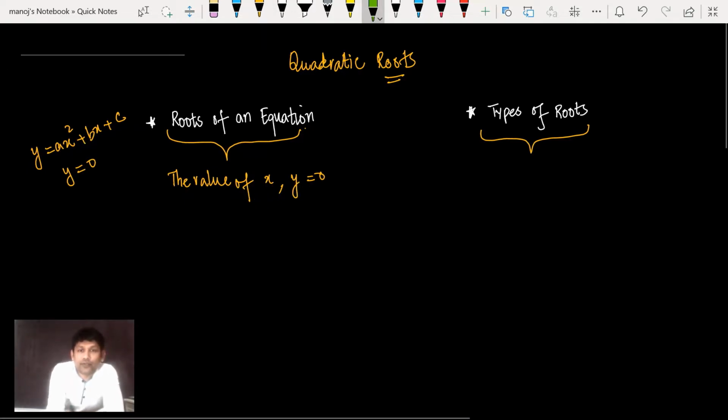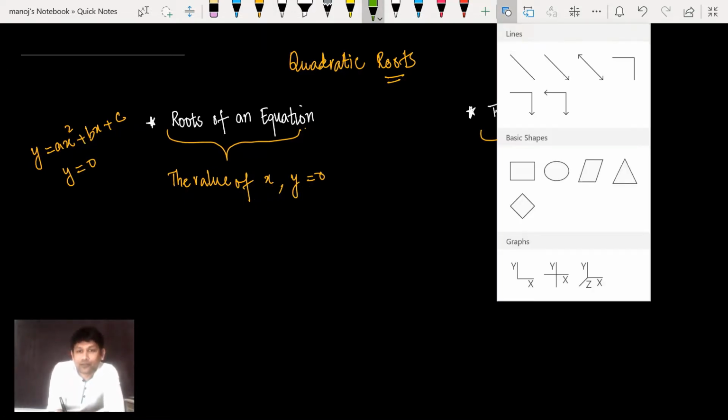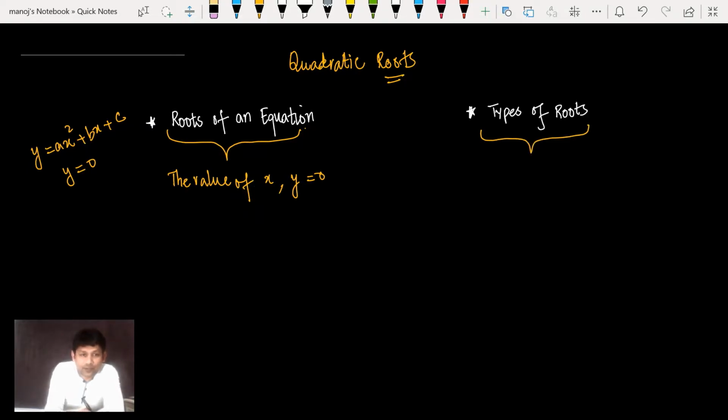In another form, suppose you have a sketch or a graph. In the graph, this possibility is there, and this possibility is there, and this possibility is also there, when the curve is above the x-axis.